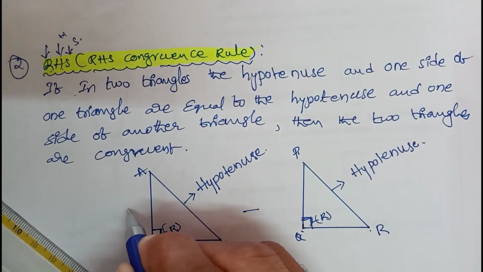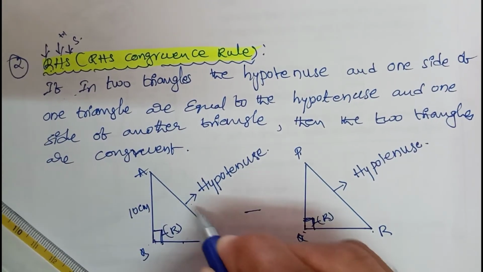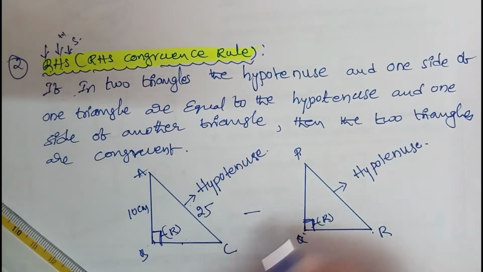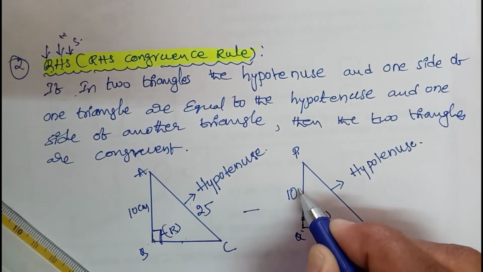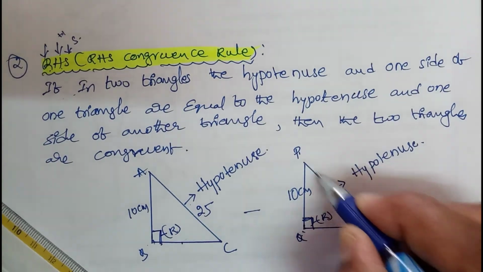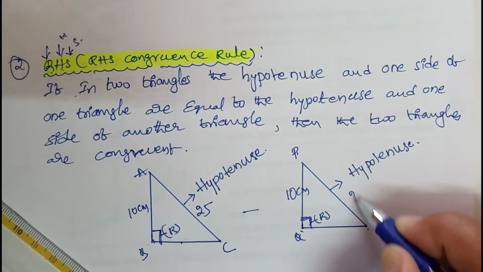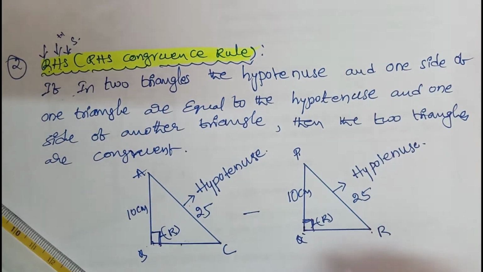Suppose AB is 10 centimeter, hypotenuse is 25, then PQ should be 10 centimeter and the hypotenuse PR should be 25 units.